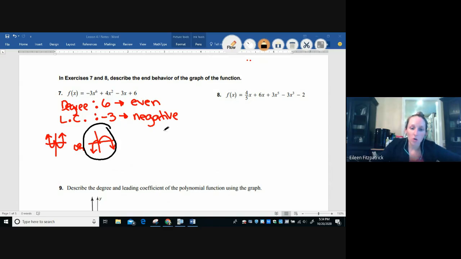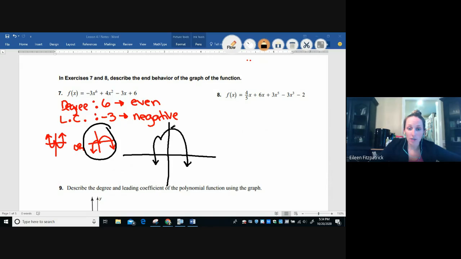Now I'm going to sketch that a little larger. I don't really care if you just make it into one U or if you want to have multiple maxes and mins, that's up to you. I just need both ends facing down because it's an even degree with a negative lead coefficient.